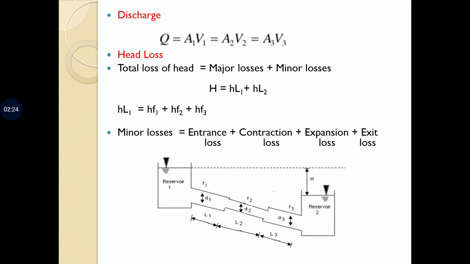If we see the image clearly, we can say that the total H is equal to first the loss due to entry, next frictional loss, next the contraction loss, next again the fluid is going to flow, so frictional loss. There is a sudden expansion in the pipe, so next will be the expansion loss. Next the fluid is going to flow, so frictional loss, and at the exit there is going to be an exit loss.